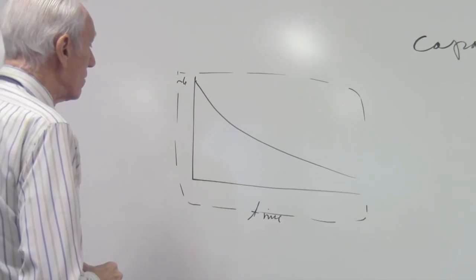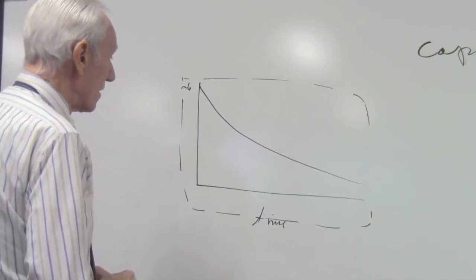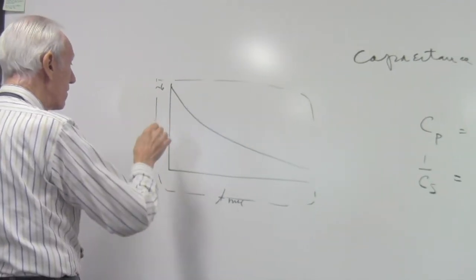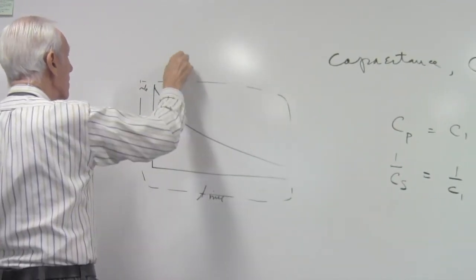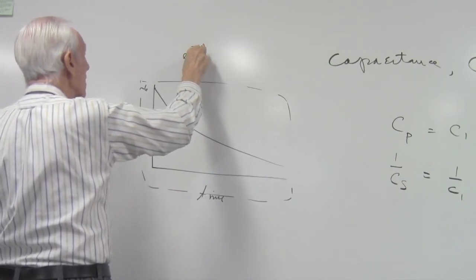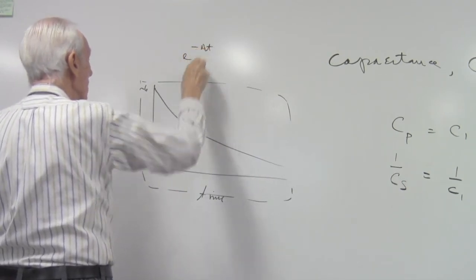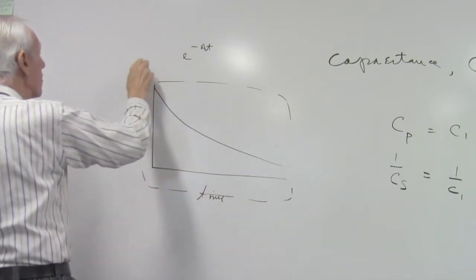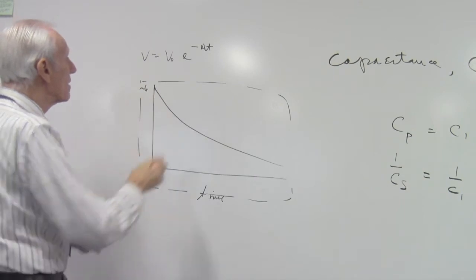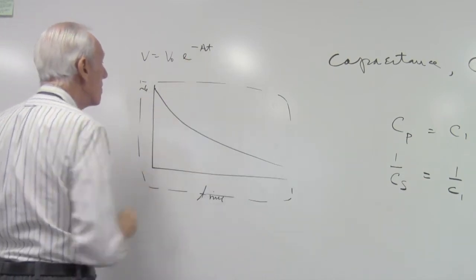Then you're going to do the analysis on the curve here. This is an exponential curve, so it's like e to the minus at, because the graph here is time. So V equals V0, that would be 6 volts or so, times e to the minus at.